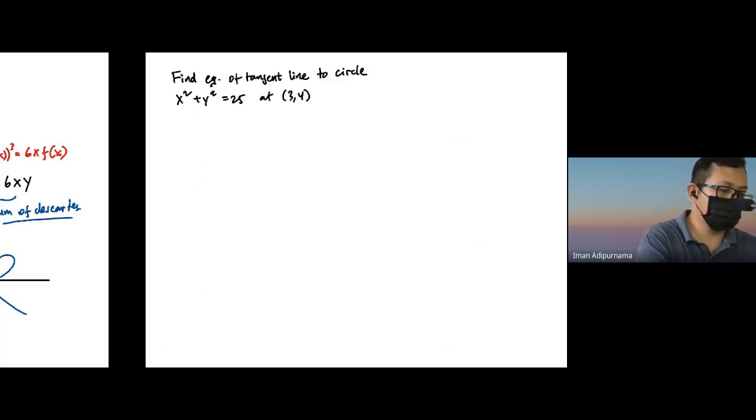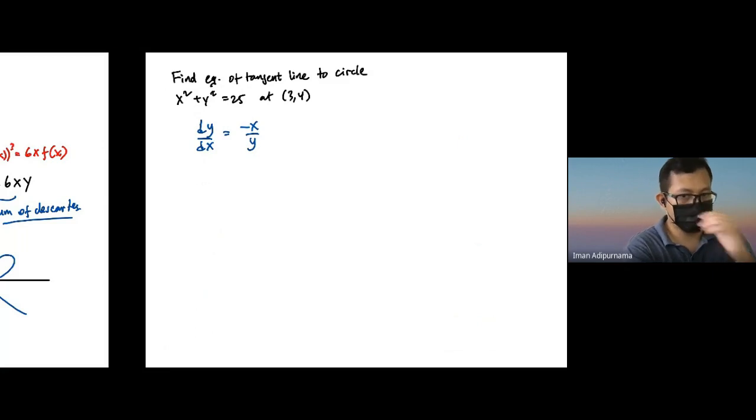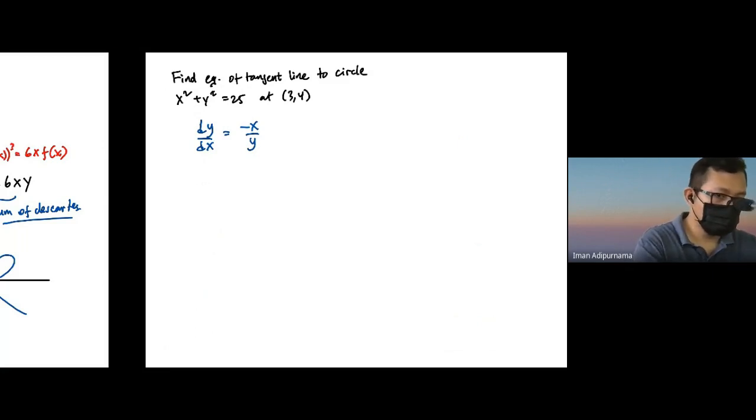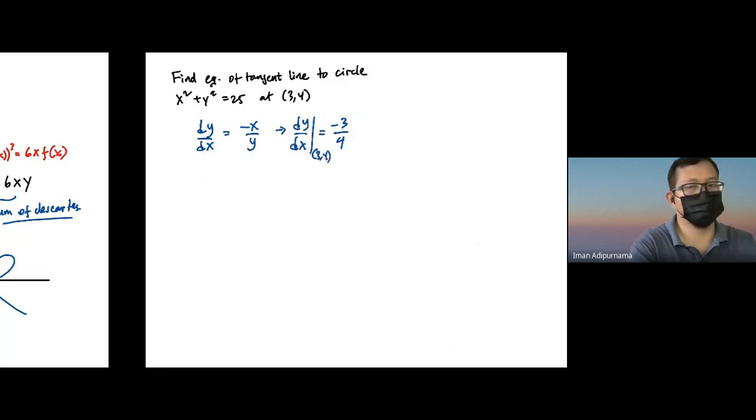We already did this. dy over dx is negative x over y, as we mentioned before, and we can also write dy dx at 3, 4 is negative 3 over 4.